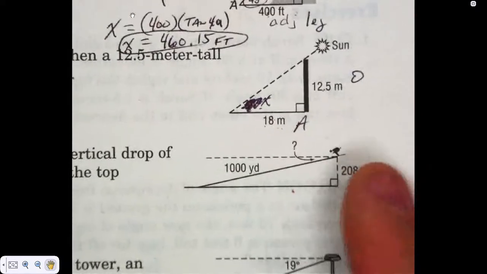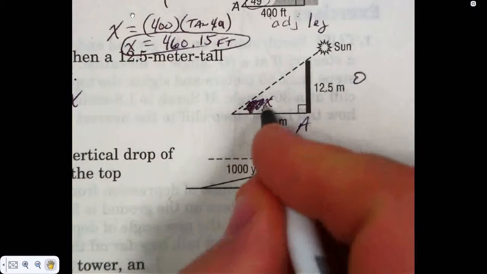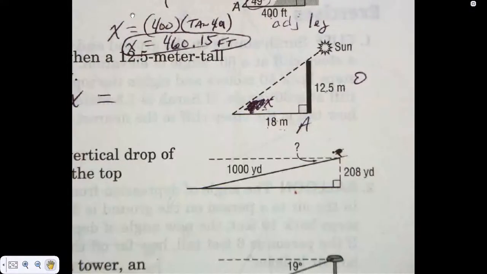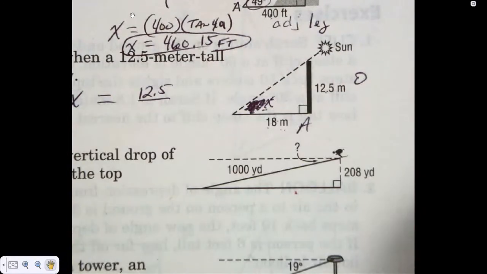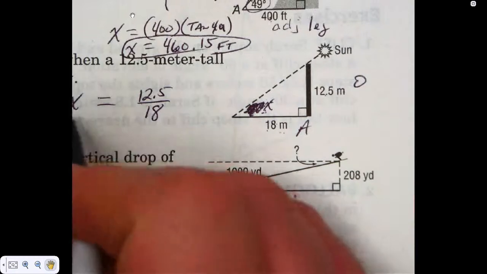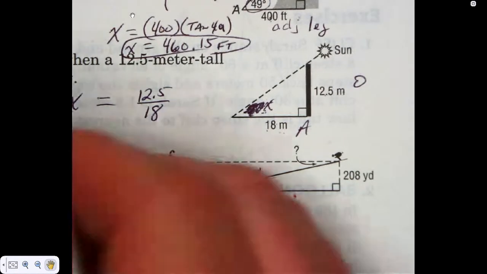So, what trig function am I going to use? Tangent. So I'm going to say the tangent of x, right? Because the tangent of an angle is equal to the opposite, which is what? Over the adjacent, which is? Now, anytime your angle is your unknown, what function do you have to use?